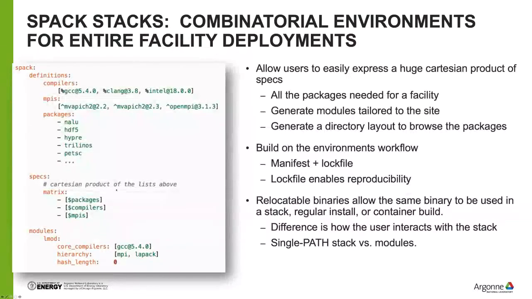product of these lists, using this matrix directive in the spack.yaml, the environment file, which basically says to build this stack, build the Cartesian product of these dependencies, and then you can specify how you want to build modules, etc. The idea is that you can declare an entire stack for your facility, and Spack will just go and build it.